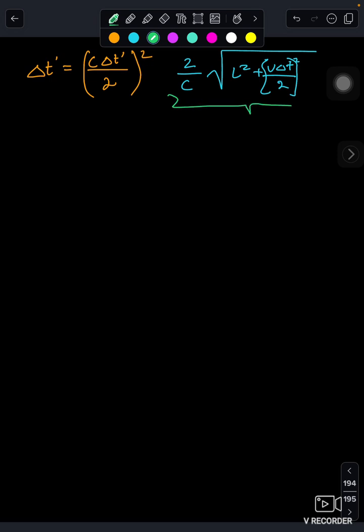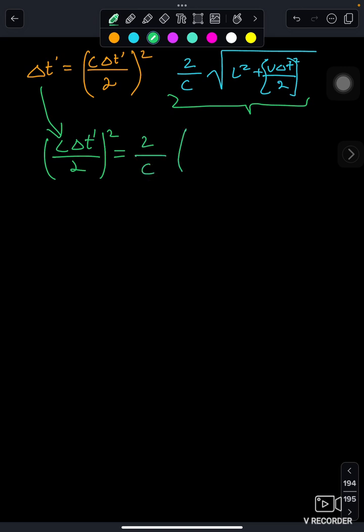So when I remove the square root, what I get? C delta t over 2. I expanded this square equal 2 over c. What do we get? L square plus v delta t square, square. Remove this.